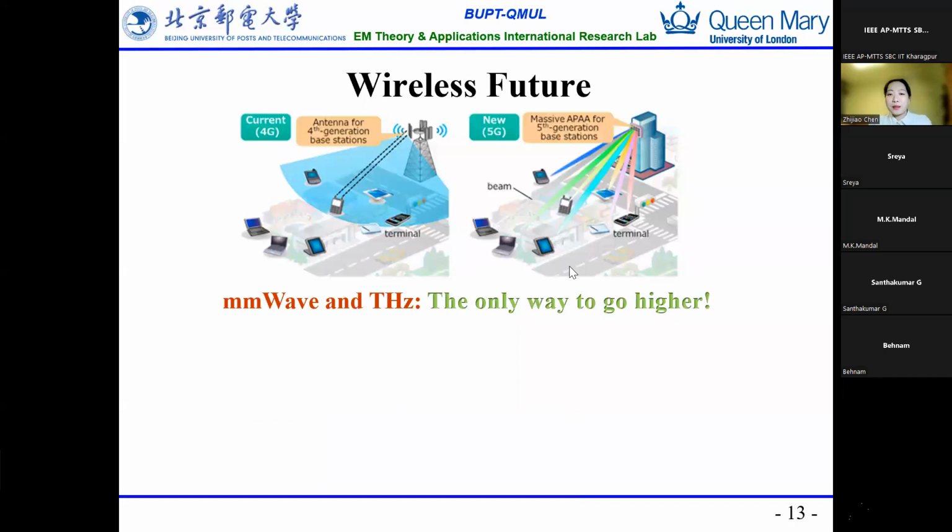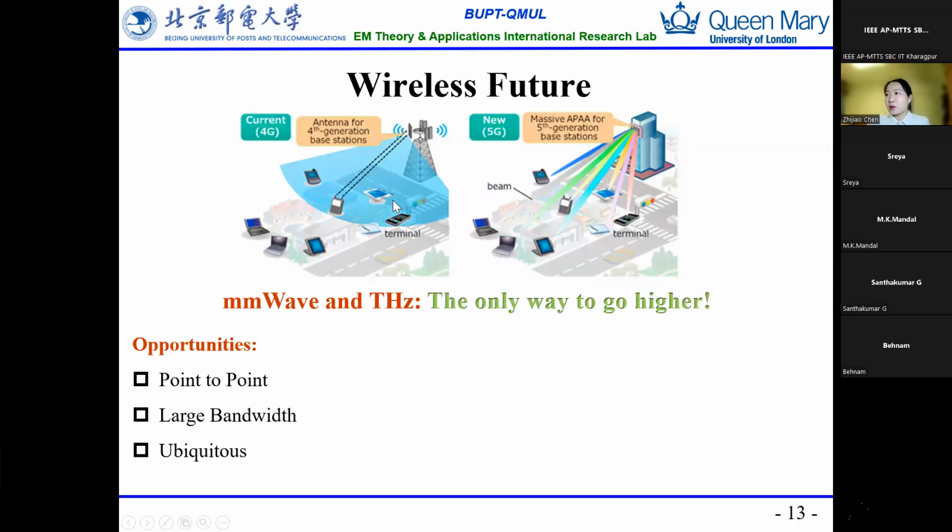So in this metaverse, our wireless future will be very aggressive. And I believe that millimeter wave and terahertz is the only way to go higher, because we need to connect to the internet anywhere and anytime, and the bandwidth also needs to be very large for 3D imaging.